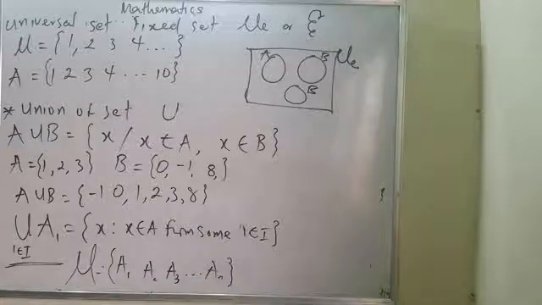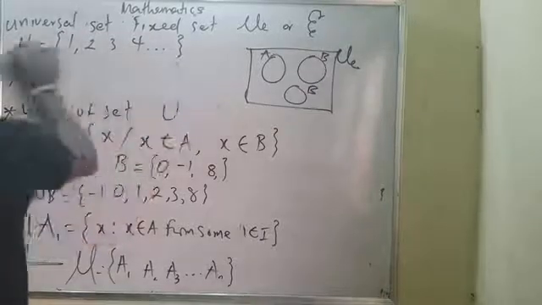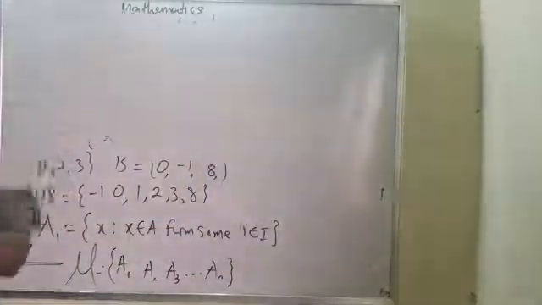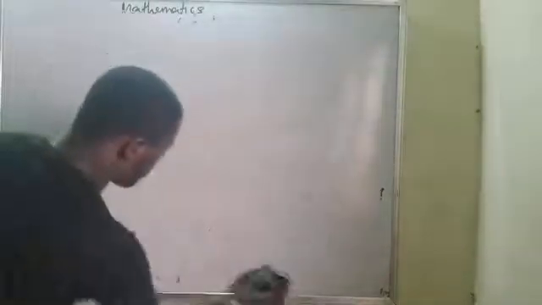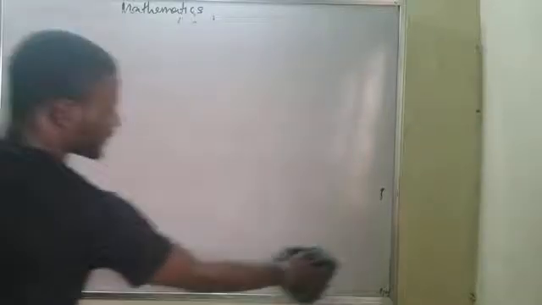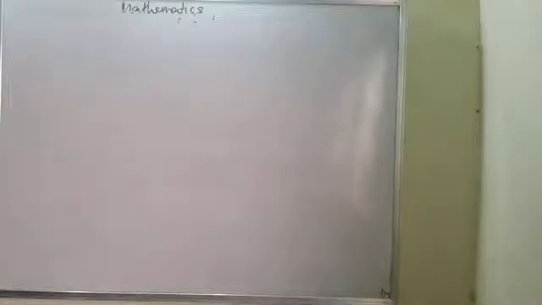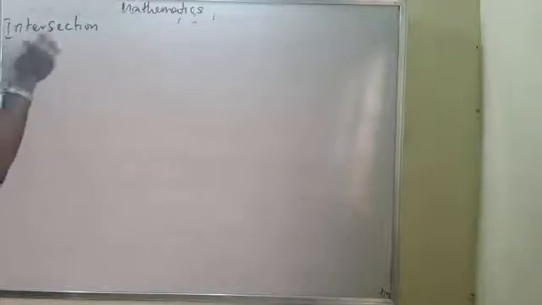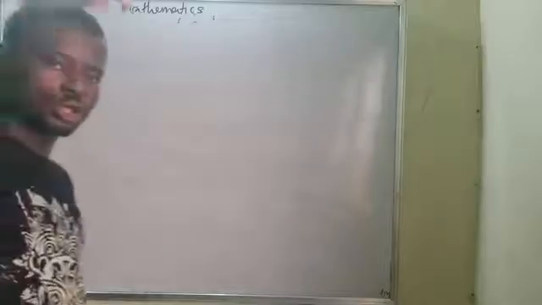Now, let me quickly explain the next one, which is intersection of a given set. If I'm talking about intersection, it means the common region between two or more sets.